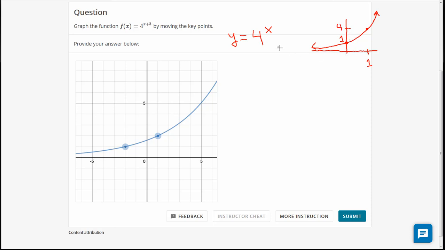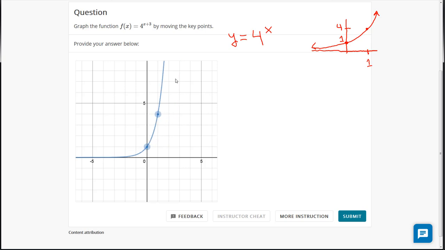So why don't we plot those points just for fun? We have the point 0, 1, and the point 1, 4.